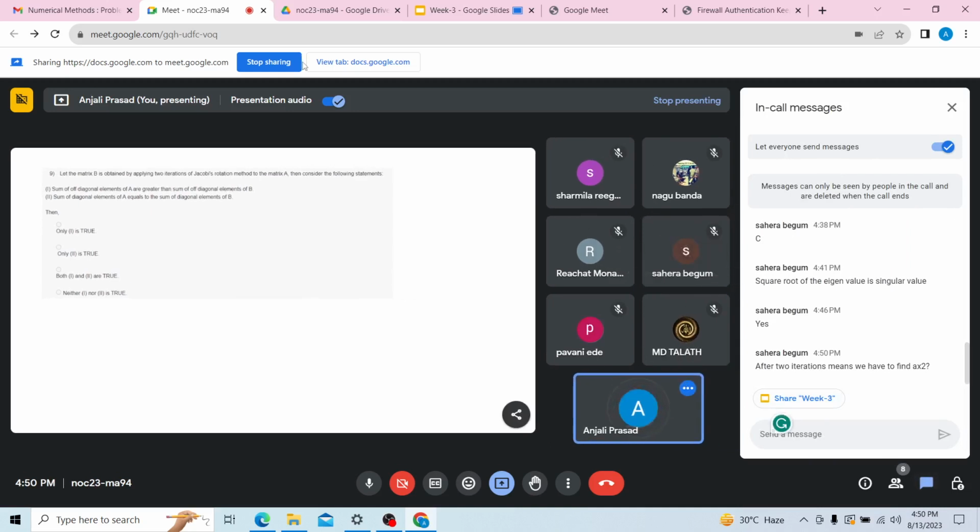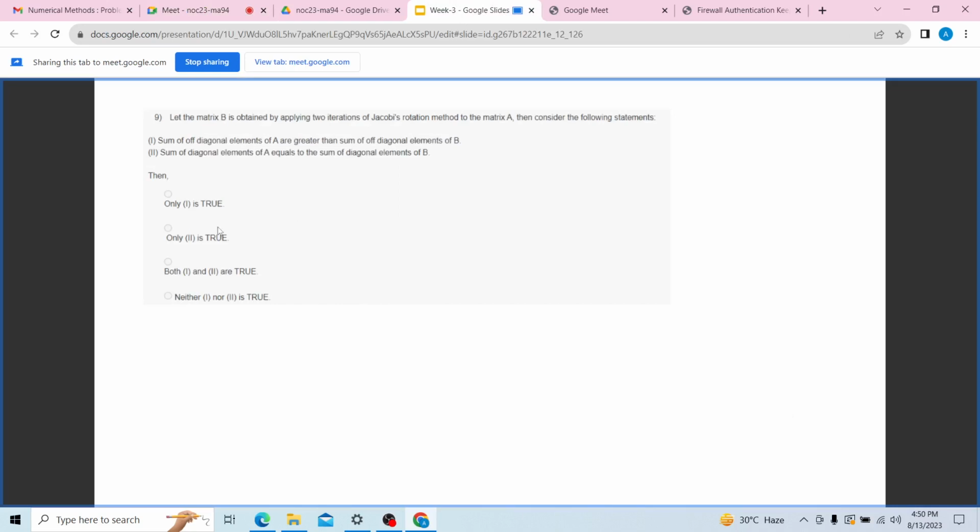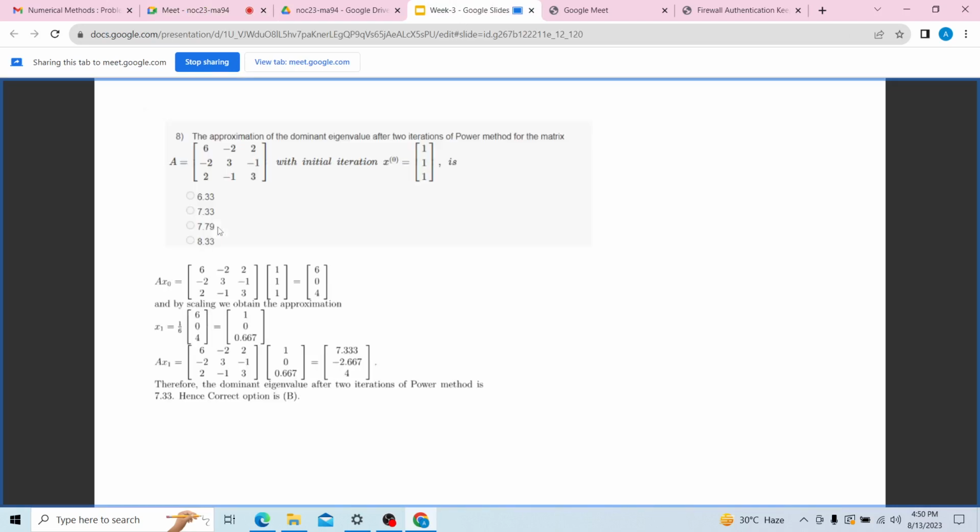Okay, so after two iterations means, see here, first iteration is what? First you have been given the initial value, that is x naught. Now first iteration will be x1, and x1 will be what? Is equal to A into x naught. So you'll get this 6, 0 and 4. After scaling, x1 will be 1, 0 and 0.667.